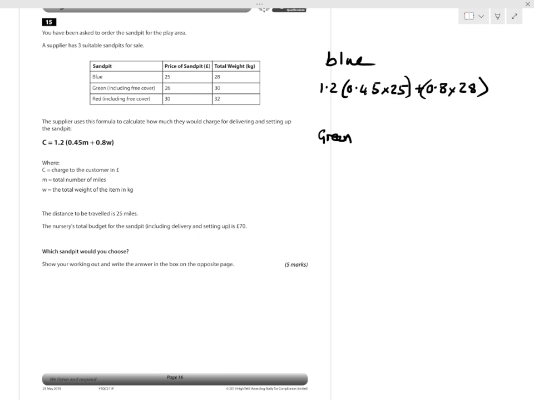So 0.45 times 25 is 11.25. 11.25 times 1.2 plus 0.8 times 28 is 22.4.